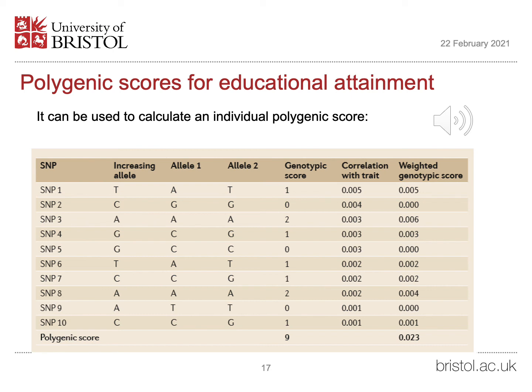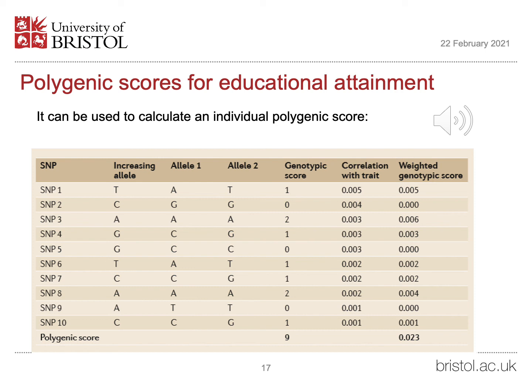For SNP 5, it is the allele G that has the increasing effect on educational attainment, and in this particular case, the person does not have a copy of G, so their genotypic score is 0. When 1 copy of the increasing allele is present, the genotypic score is 1. This is the case for SNPs 1, 3, 4 and so on.